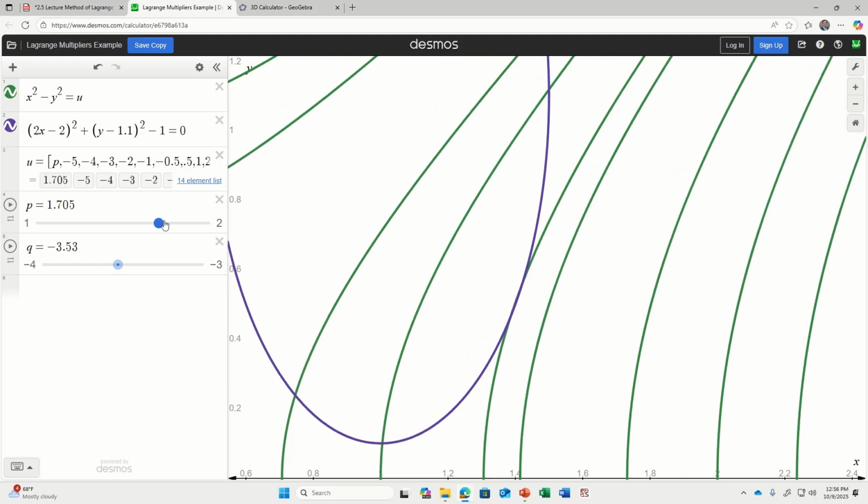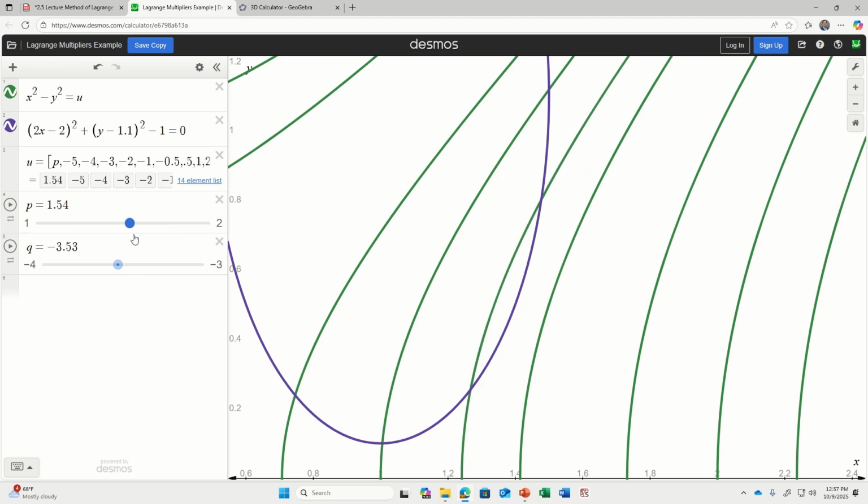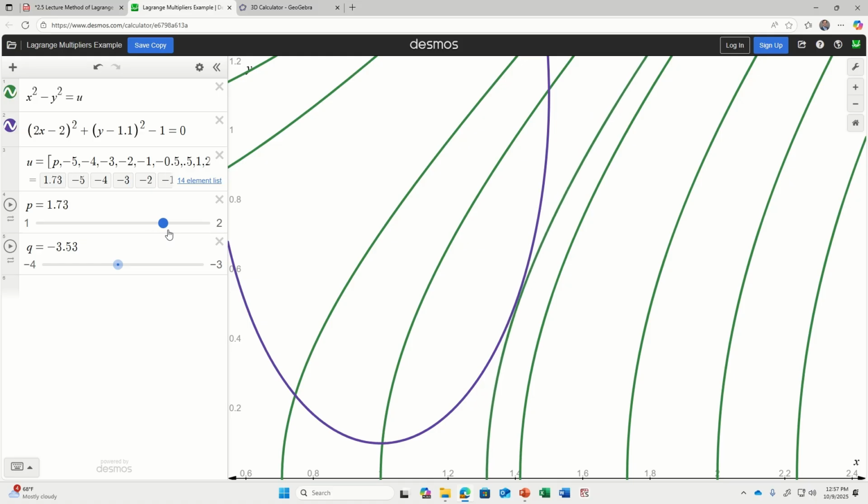Because if I choose a larger value of my function, then there's no values in the purple domain that can get up to that value. And if I choose a smaller value of my function, then yeah, there's points on the purple domain that attain that function value, but there's also points that could have gotten a higher function value. So you choose exactly the function value that barely touches the purple domain at one point, and they should be parallel to each other. They should be tangent curves to one another.